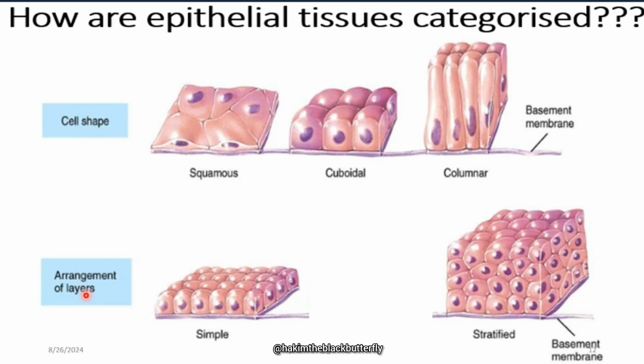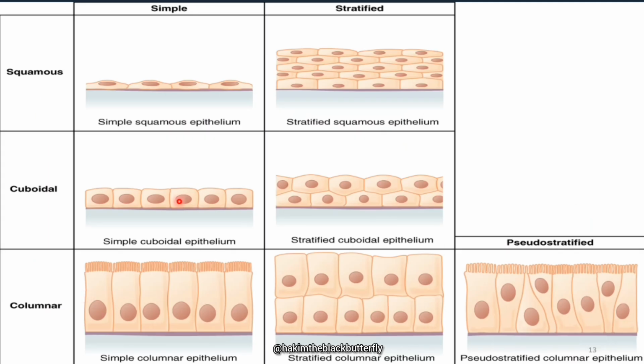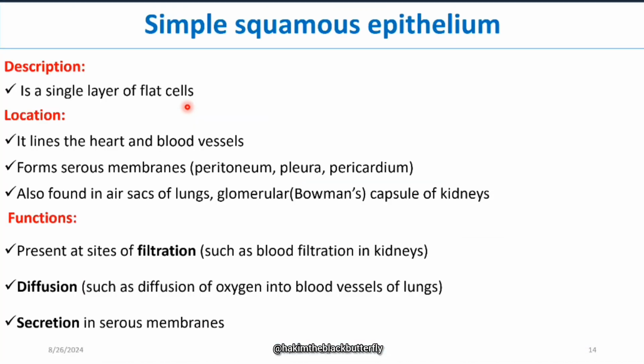So now the next objective is to look at where every example of epithelial tissue is found in the body and its specific function in that part of the body. That's all. Okay. So starting with the simple squamous, as we have described it, of course it's going to be found in particular parts of the body carrying out specific functions.